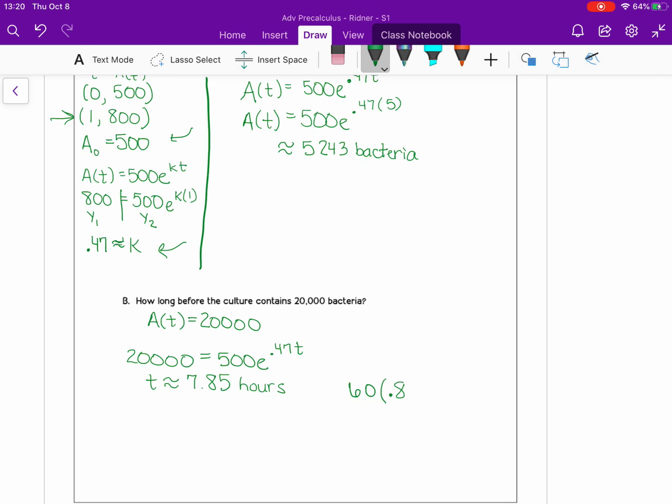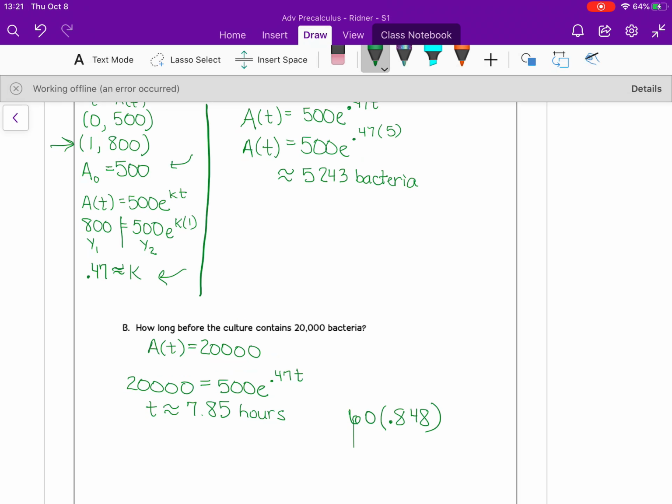And we want to know 0.8, we could even say 0.848 to get a little more accurate there. So 60 times 0.848 is approximately 51 minutes.